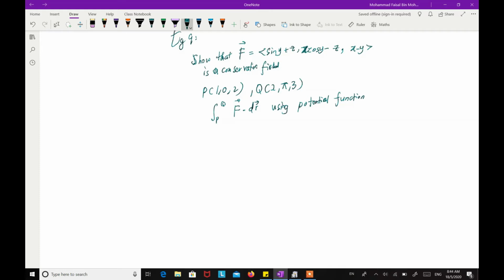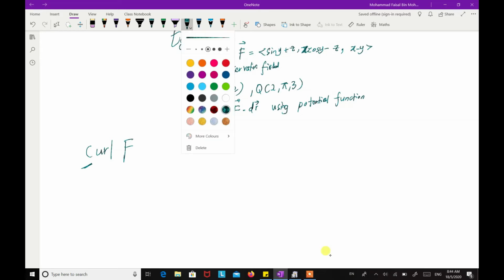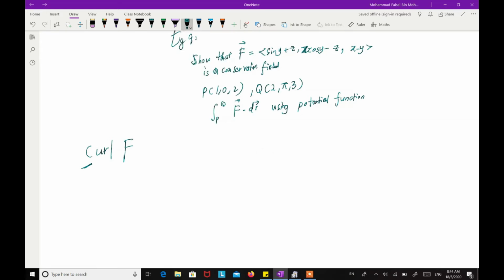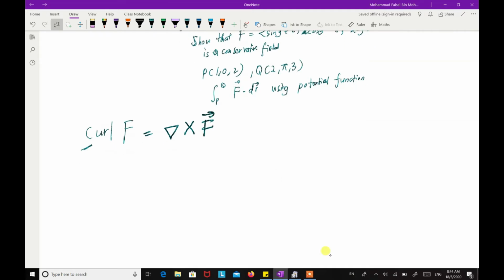So first you have to show that F is conservative. You need to show that curl F equals 0. So remember, curl, C for cross, which is del cross F. You have learned this before.